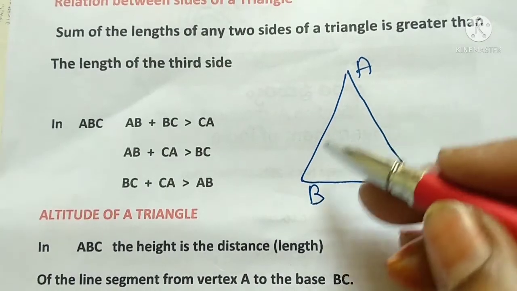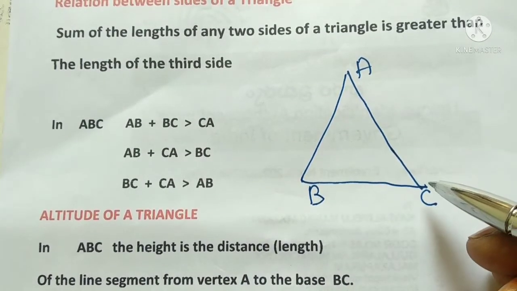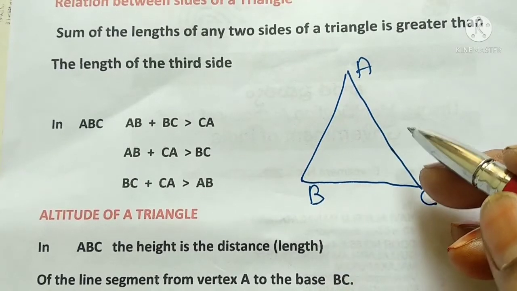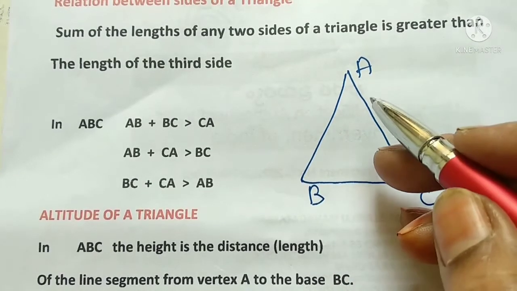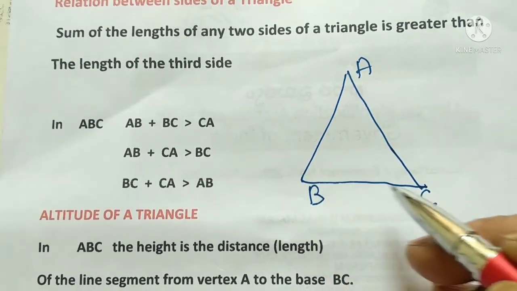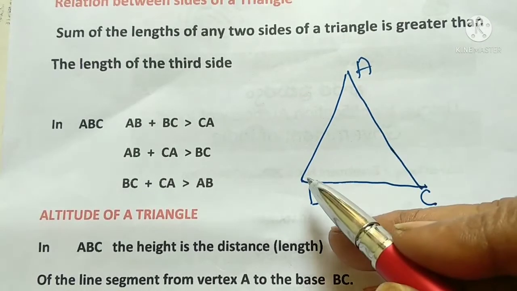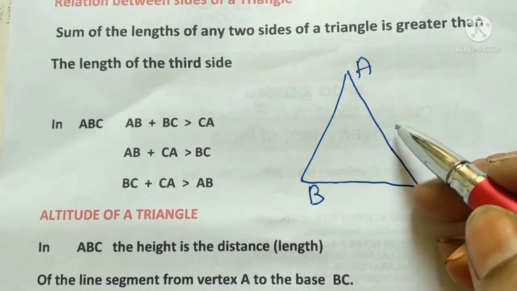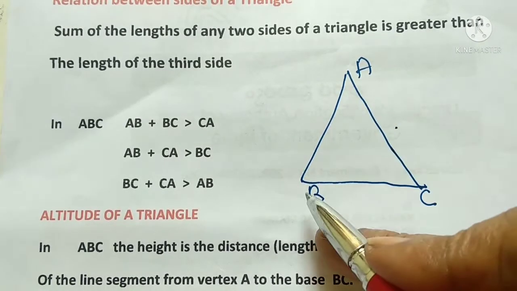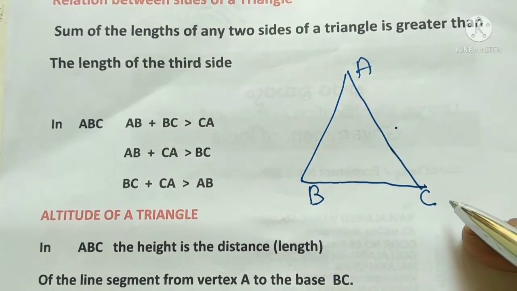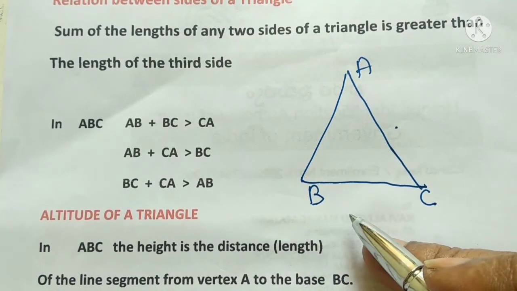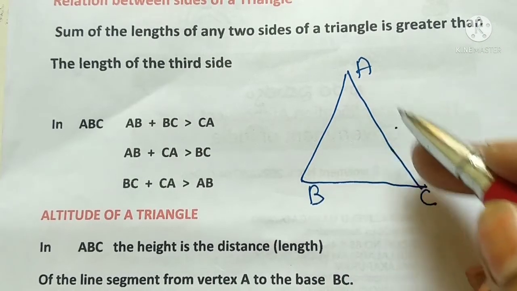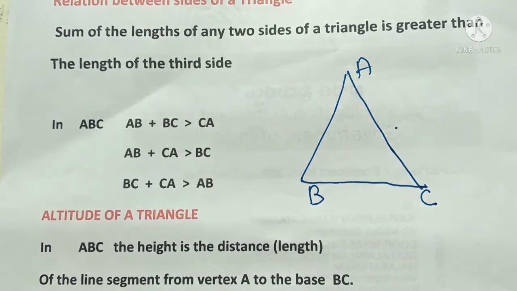If you add any two sides of this triangle, the sum is always more than the third side. Okay, if you add AB and BC, means AB plus BC is greater than CA, or AB plus CA is greater than BC, or BC plus CA is greater than AB.